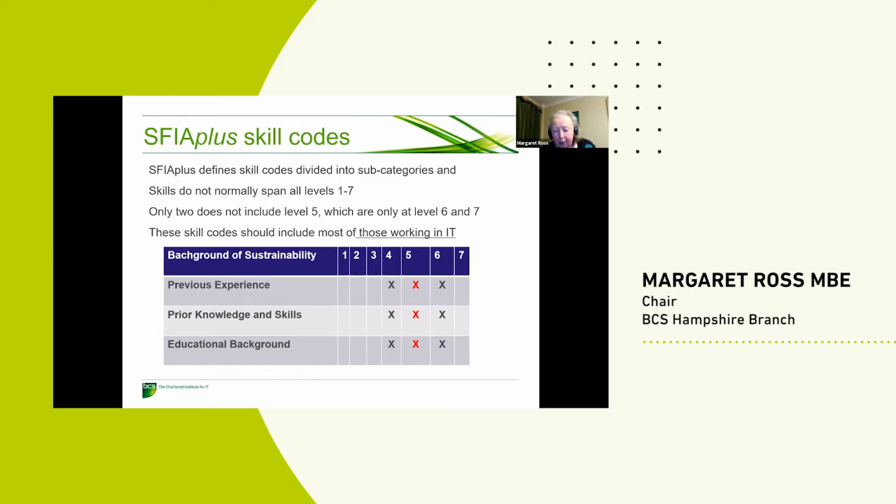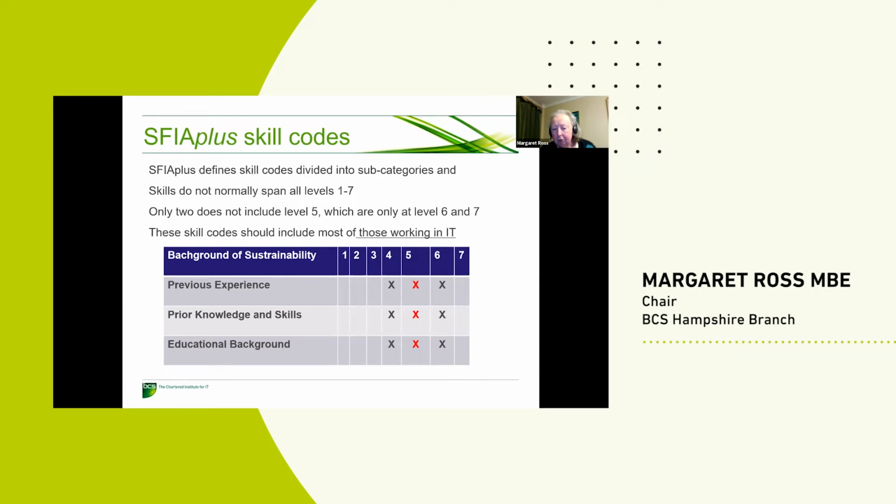So you can see from these that you've got information about the previous experience at each of those levels, the prior knowledge and skills that you would expect, and the education background you'd expect. Also, you'll have information about the tasks, what you would do, and how you will move on.